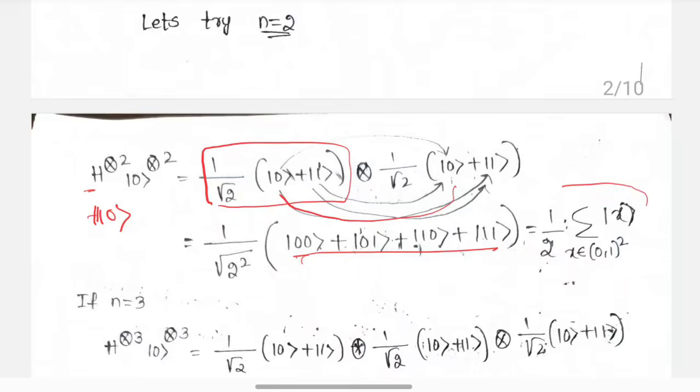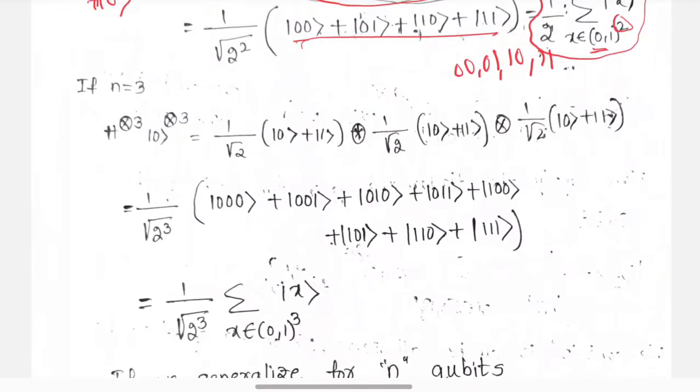I can write this in generalized form as 1 by root 2 to the power 2, summation over x belonging to 0, 1 squared. The square represents 4 outputs: 0 0, 0 1, 1 0, 1 1. If it is 3, you know there will be 3 bits, 0 0 1, like that.